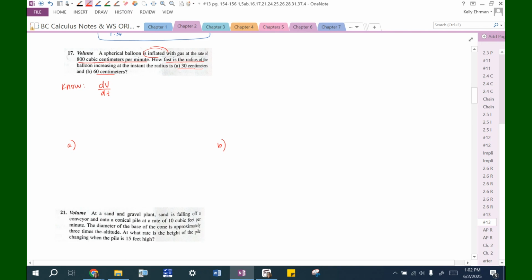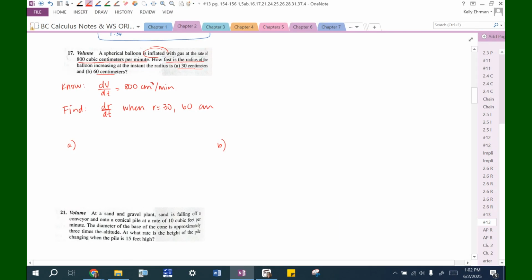It's inflated, so this is positive, 800 cubic centimeters per minute. They're asking me to find dr/dt, how fast is the radius changing, when r equals 30 and then 60 centimeters.